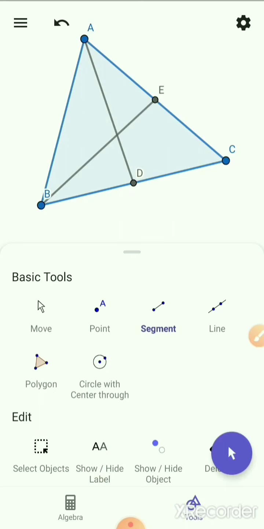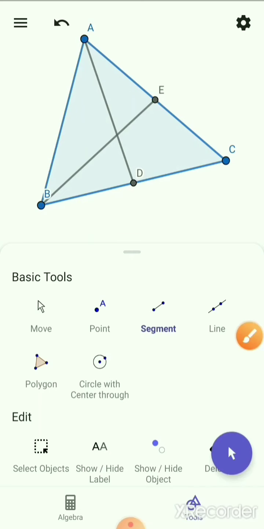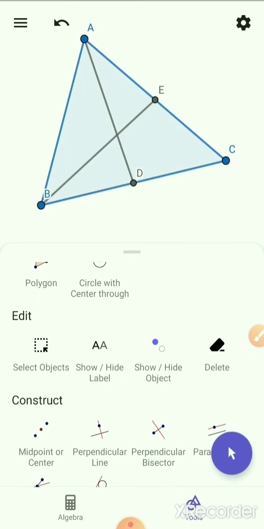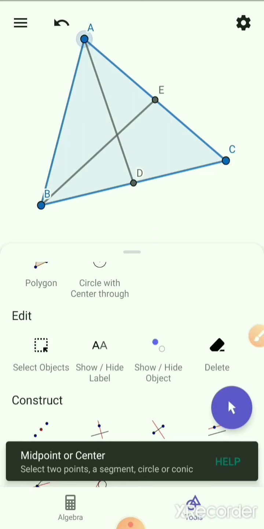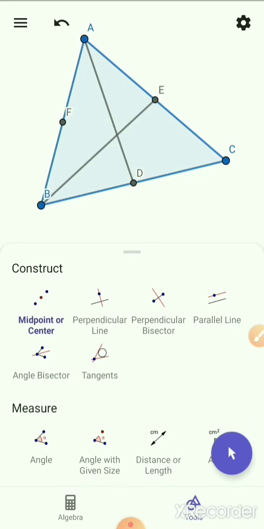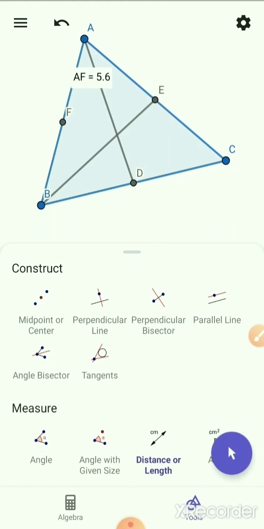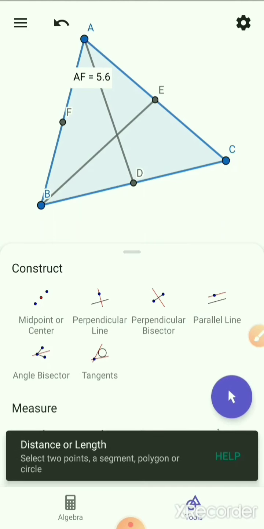Now I will take the third side, which is AB. To draw the median of AB, first I need to find its midpoint. F is the midpoint of AB. How will you come to know that it's a midpoint? Let's measure the distance A and F. It is 5.6. Now let's measure the distance of BF.